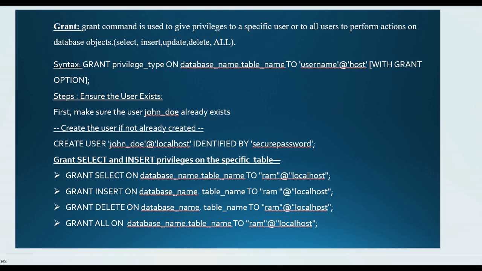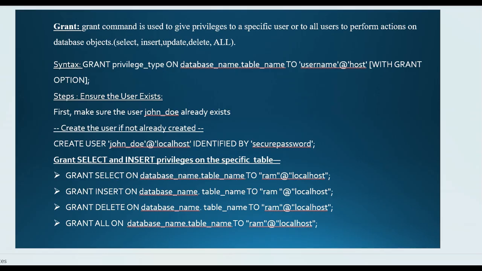The grant command is used to give privileges to a specific user or to all users to perform actions on database objects. It allows users to perform specific actions like select, insert, update, delete. So grant helps to control what each user can and cannot do in the database.